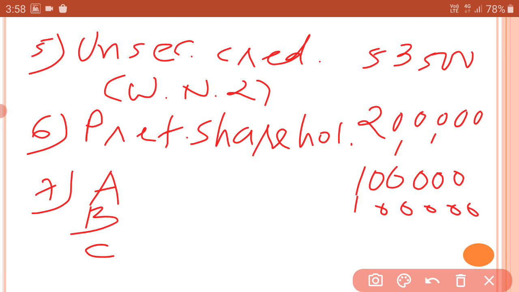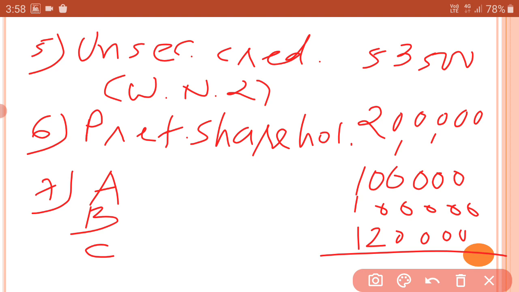And here also the instruction is given in point number 3, amount of calls in arrears on C equity shares. So calls in arrears of 10,000 will be received. So here we write C equity shares 1,20,000, and we have to add 10,000 on the receipt side.